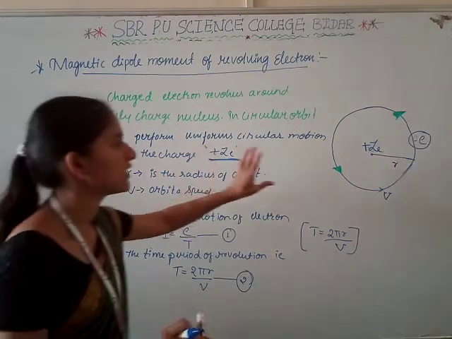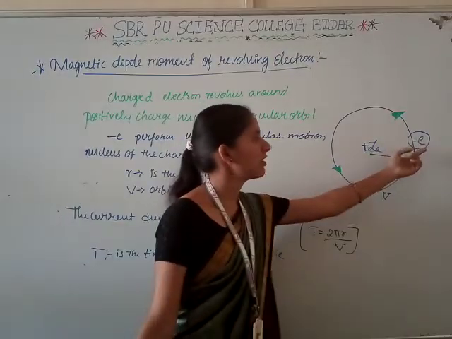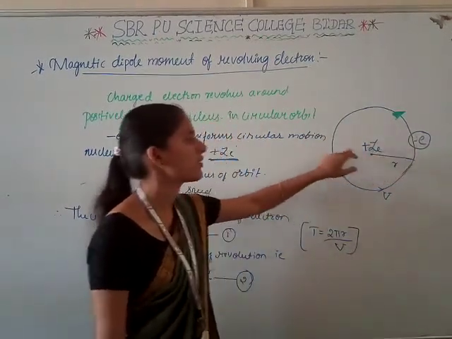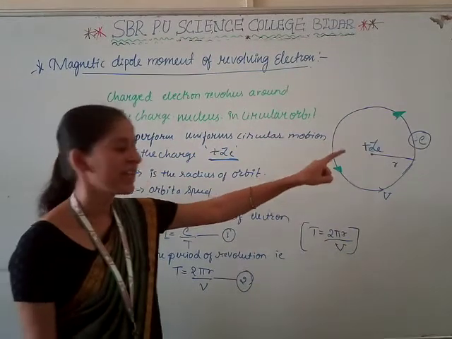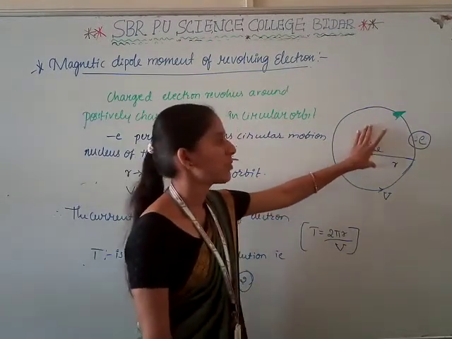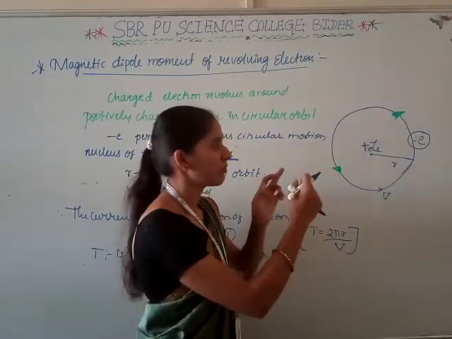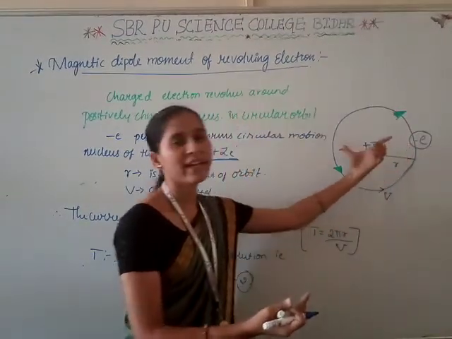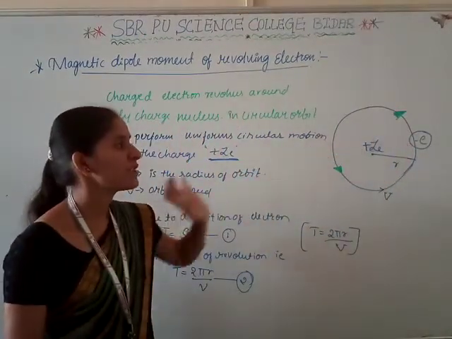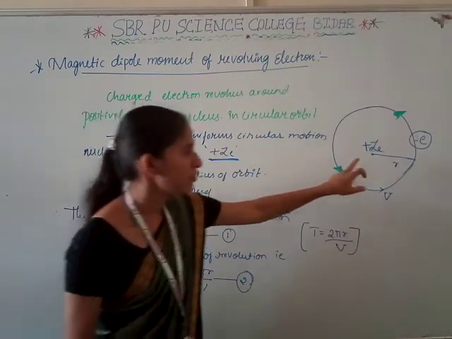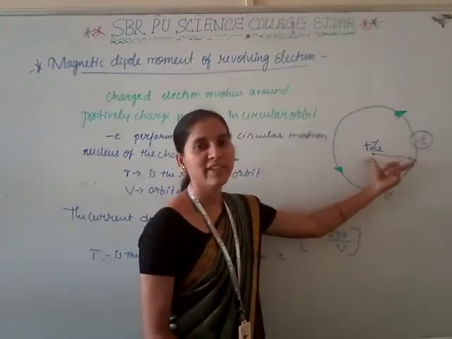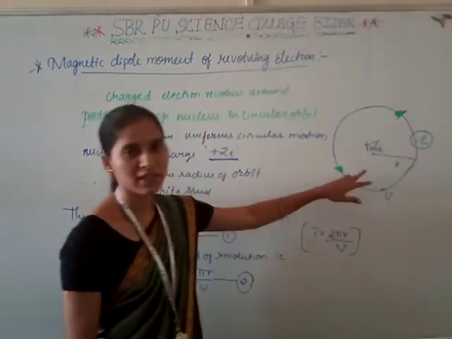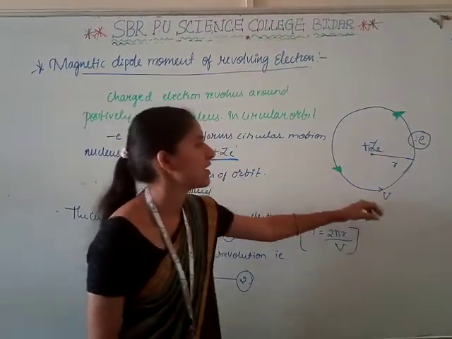What did we consider here? We considered an electron moving in a circular motion around a nucleus of a charge. The electron has a negative charge and the nucleus has a positive charge. When both have opposite charges, they attract each other, and a centripetal force is formed. It moves in a circular motion, so it has a radius r and an orbital speed v.